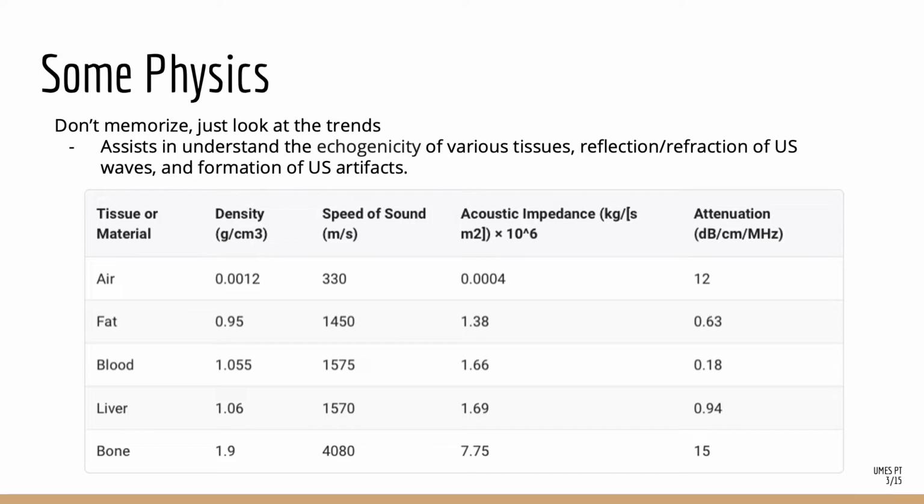So air is extremely low and bone is extremely high, and so the difference with soft tissue is approximately like in the middle. So you get this kind of imbalance between all of these, and it can cause artifacts, reflection, refraction, and the different echogenicities of various tissues.